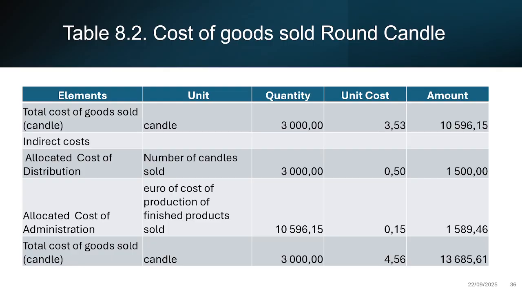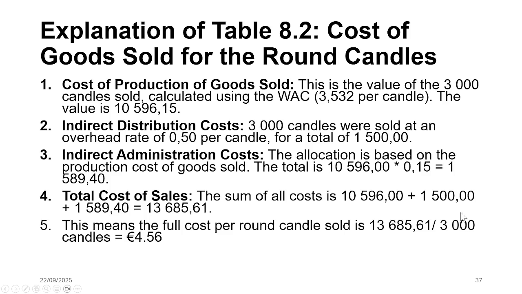You do the same for the round candle, and you can find that the total amount is 13,685, and the total unit cost is 4.56 per one round candle of cost of goods sold, right?